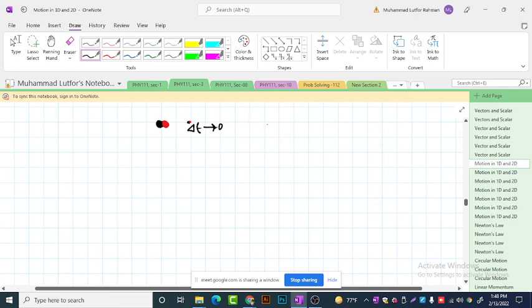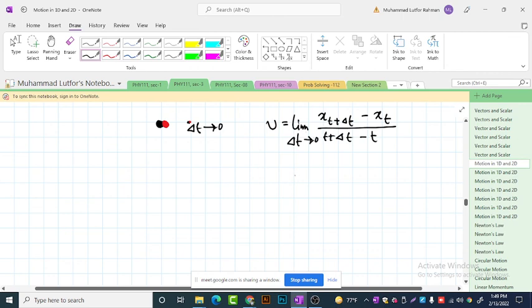Then we define the velocity: the final position, which is x(t plus del t), that means the displacement at time t plus del t, minus the initial position x(t), which is the change of position, divided by the time, which is t plus del t minus t. And we say this is under the condition that del t tends to 0.